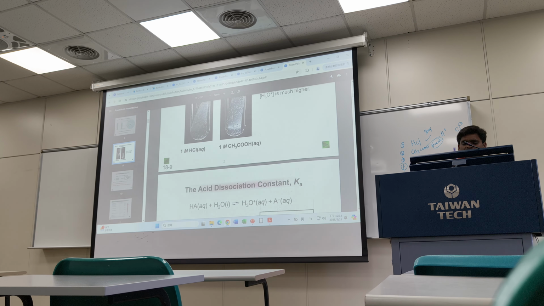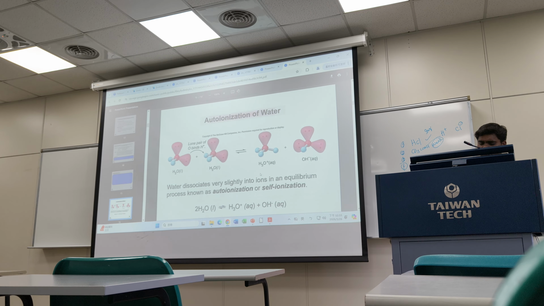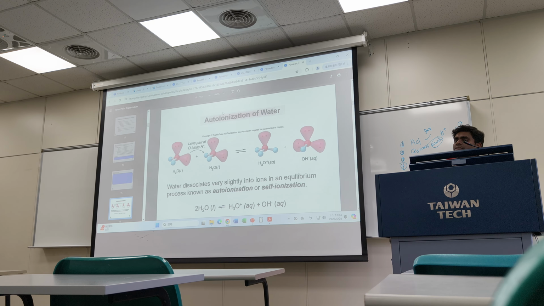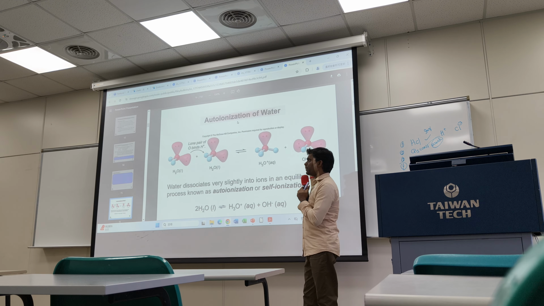One more thing is to remember the auto ionization of water. I could ask a slightly indirect question, not a direct question. For example, why is water always used to dilute an acid or base? The question is complicated, you may not understand it, but the answer is this: water can be the acid, it can be the base.